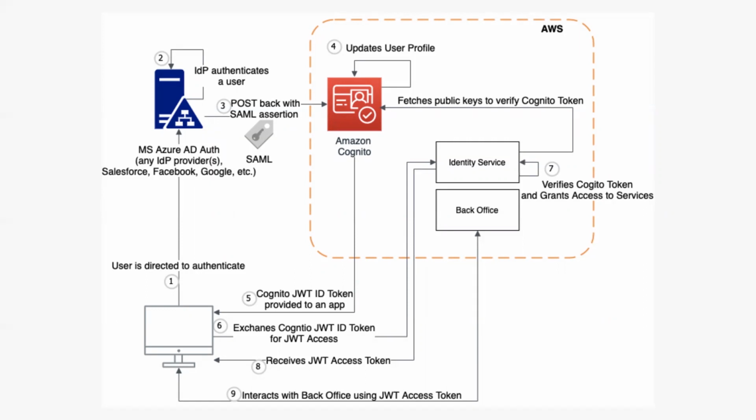On the eighth step, the user gets back a JWT access token stored in, for example, a secured cookie. And finally, on the last, ninth step, the user can interact with our service while the JWT access and refresh tokens are alive.